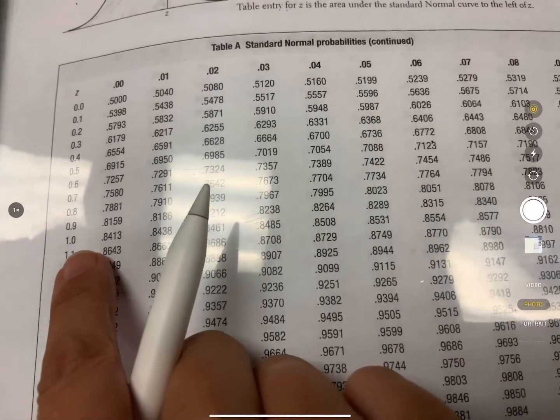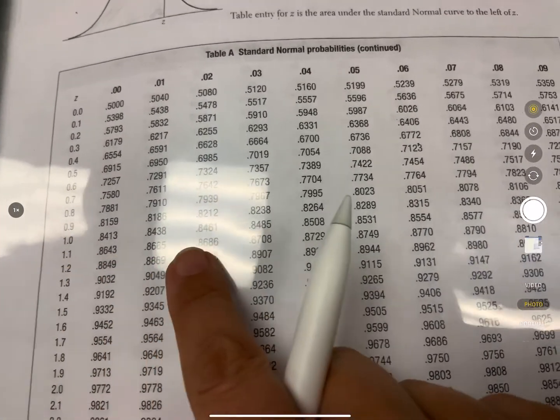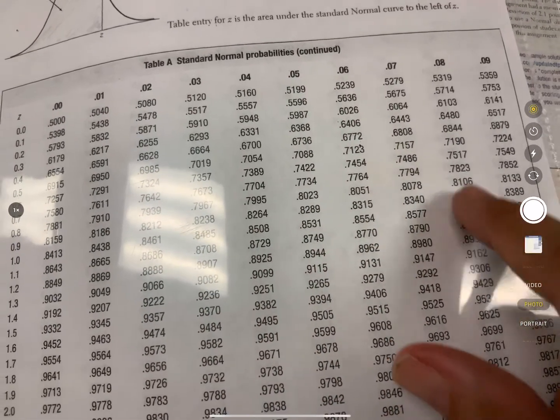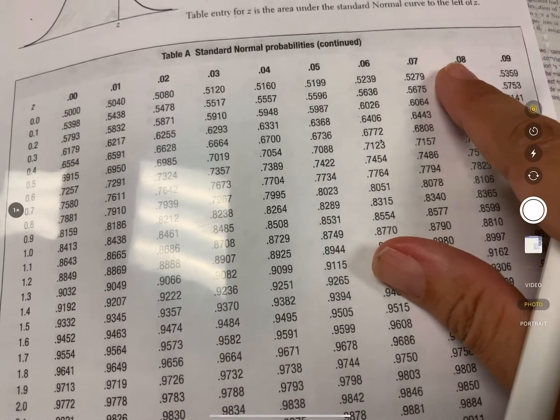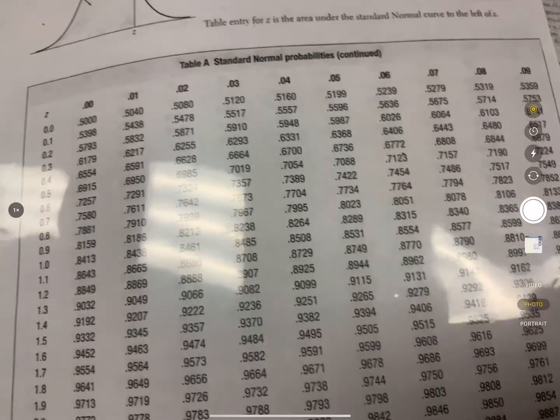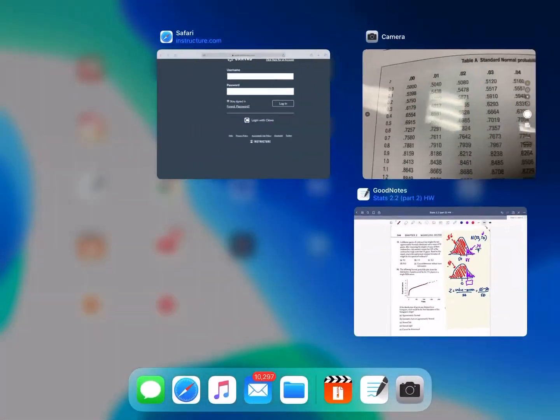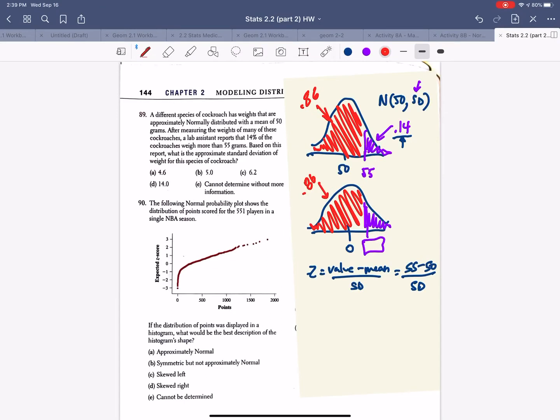So that looks like a z-score of 1.08. 1.08 has an area to the left of the curve of 0.86. So my z value is 1.08, and in my numerator I still have this standard deviation.